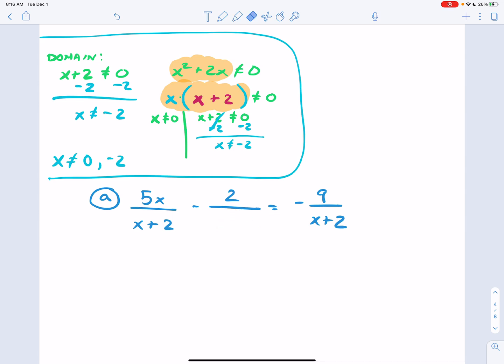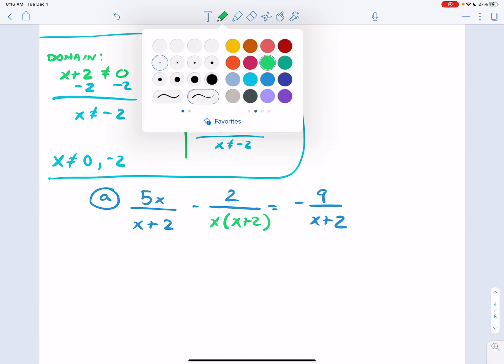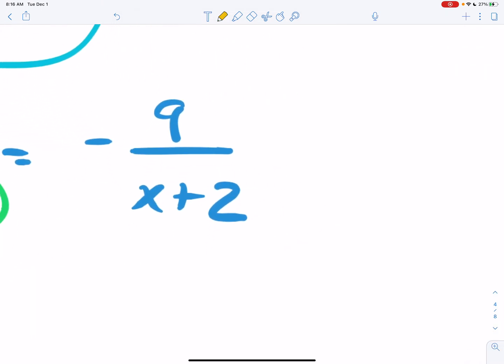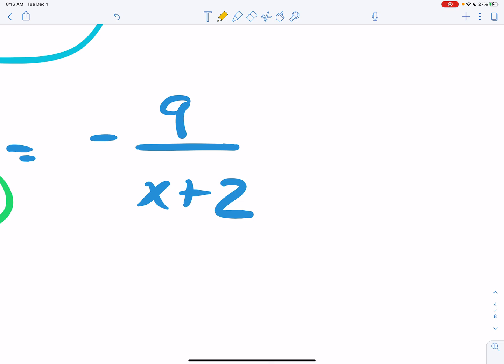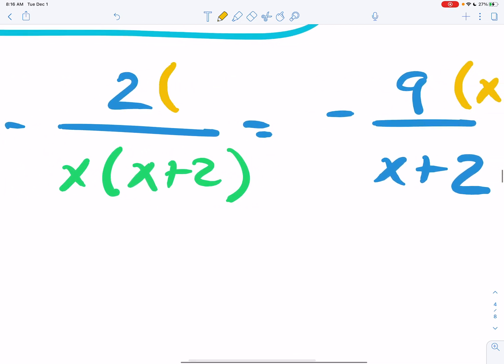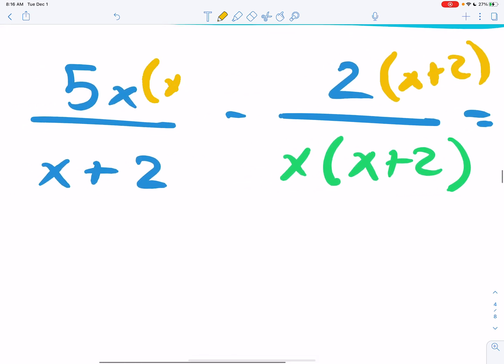So I'm going to erase it here, and I'm going to put x times x plus 2 here, because that'll make things a lot easier in the next step. So take a look. I'll do things in yellow so you guys can see it. If you look at this fraction here on the right, to get rid of the denominator, you would have to multiply by x plus 2. But that means you would have to multiply by x plus 2 here, and that you would have to multiply by x plus 2 here.